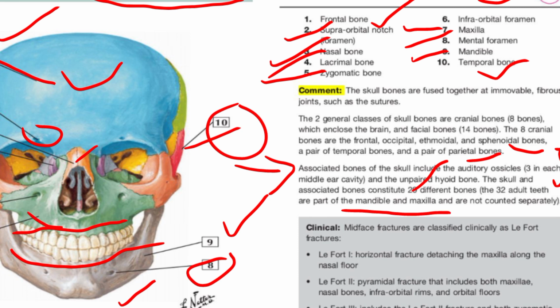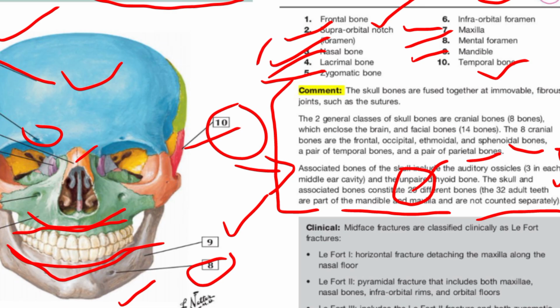As I told you, the maxilla is where the upper teeth attach and the mandible is where the lower teeth attach, and the teeth are not counted separately. I hope this clears all the 10 labels, and the information about the skull is clear.